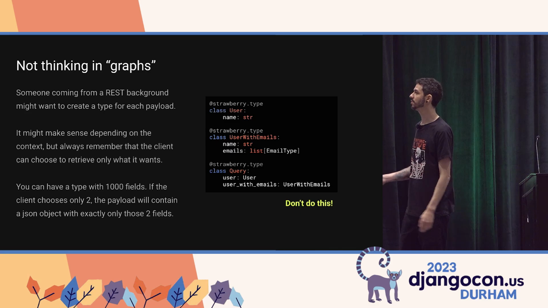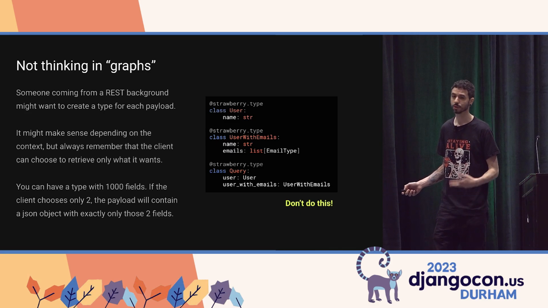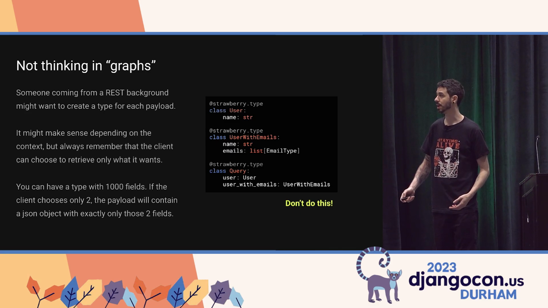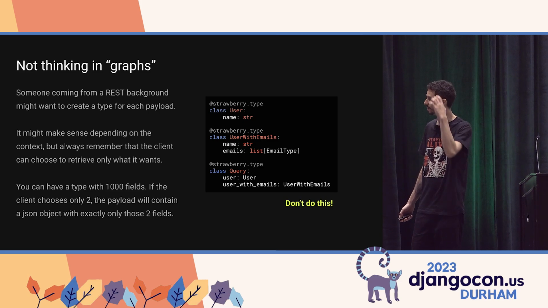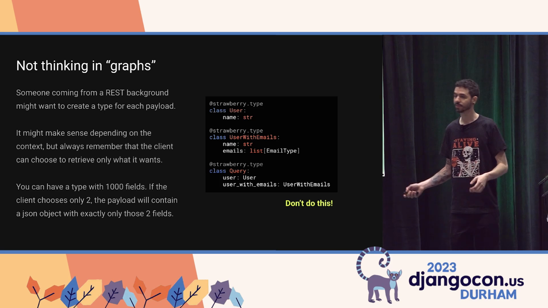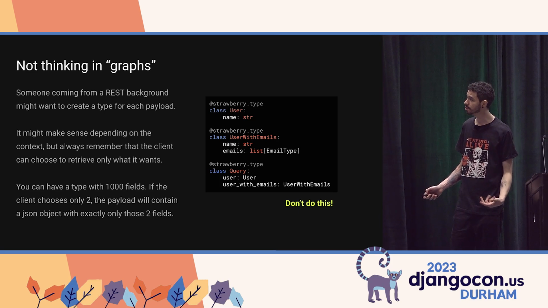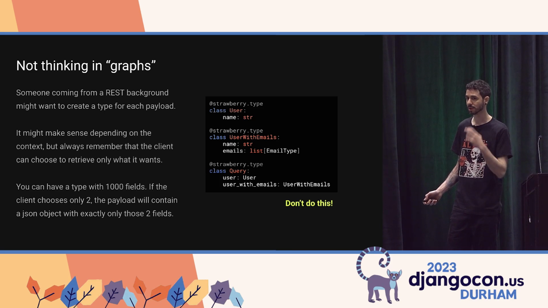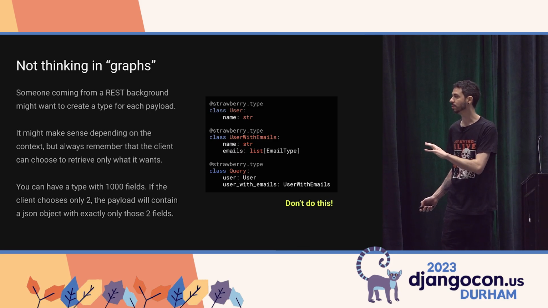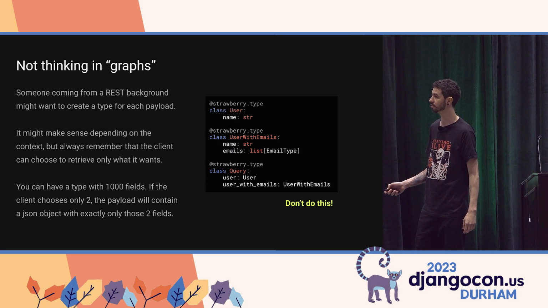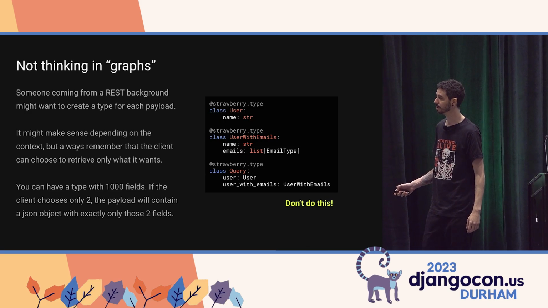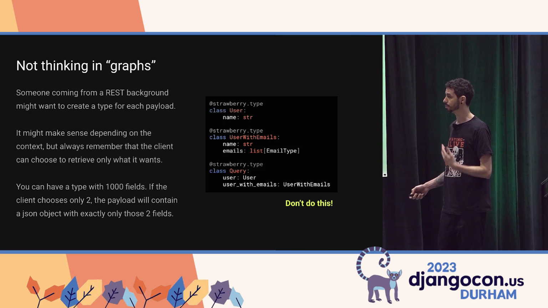Another common pitfall is not thinking in graphs. A lot of people coming from REST, and I was one of those people in the past, will sometimes try, for example, to expose the users in one place, and in a back office expose the users with their emails, and they will do something like this: create 2 types, a type for the user and a type for the user with emails, and 2 separate queries.